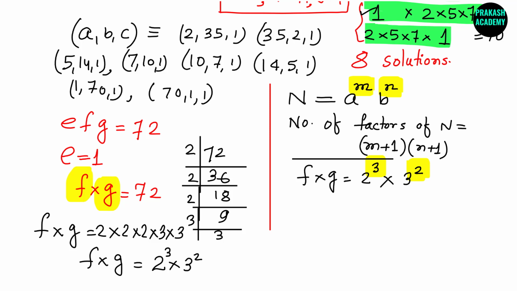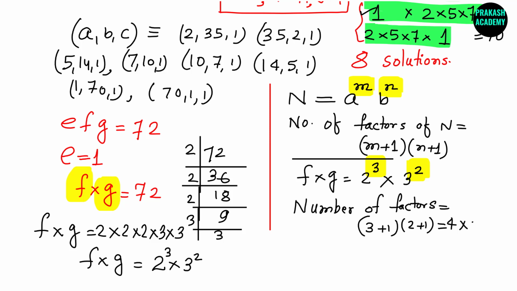So the number of factors in this case is 3 plus 1 times 2 plus 1, which is equal to 4 into 3, which is equal to 12. So we will have 12 factors.